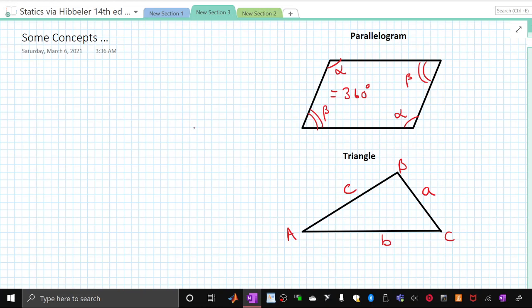Something else before actually solving the problem is related to the law of sines and cosines from trigonometry. Do you remember? We're going to refresh them real quick just to make sure that we know it.